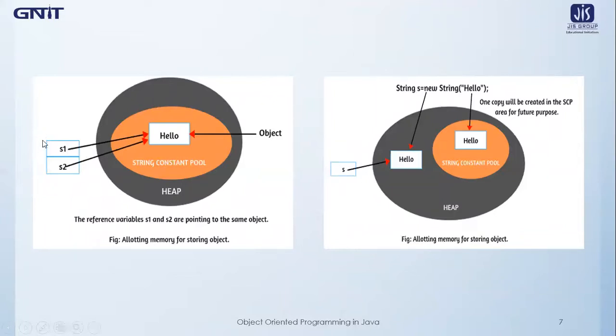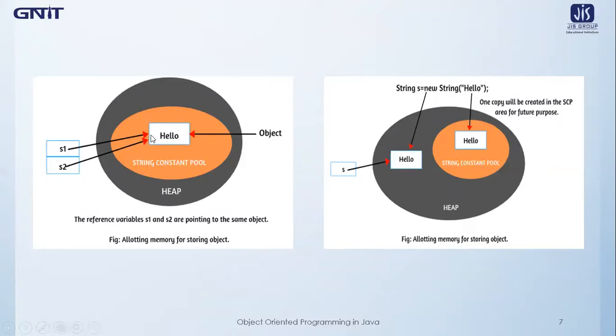Whenever the first statement is executed, there will be no object containing the value hello in the SCP, or string constant pool. So in that case, the JVM will create a new object inside the string constant pool, or SCP, which is this one containing the value hello. And this S1, which is a reference variable of the string class, will point to this object.